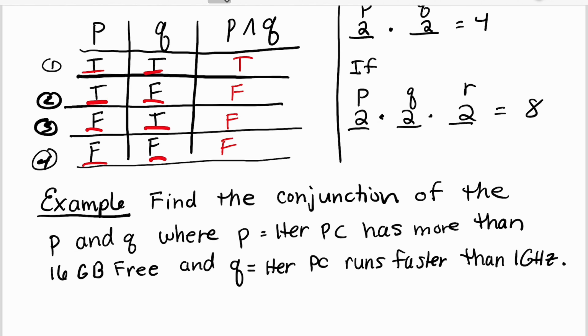The conjunction of the two propositions means it's an "and" statement, and in order for the whole thing to be true, each individual proposition needs to be true.